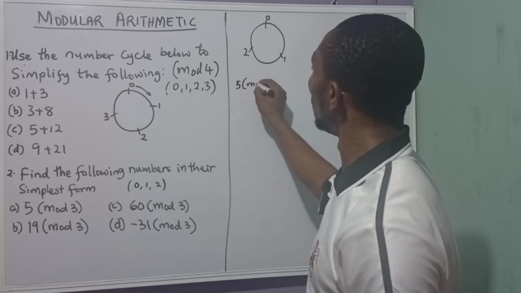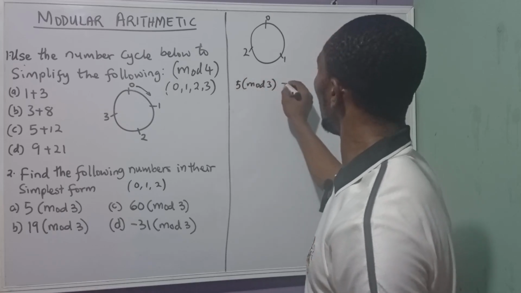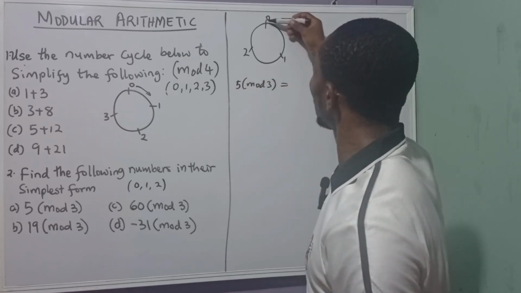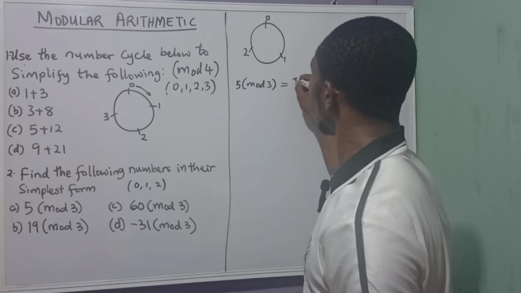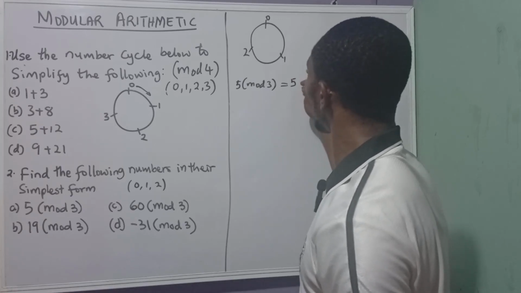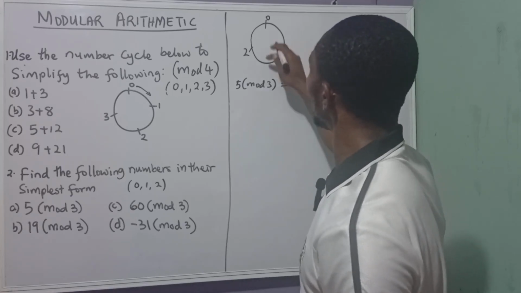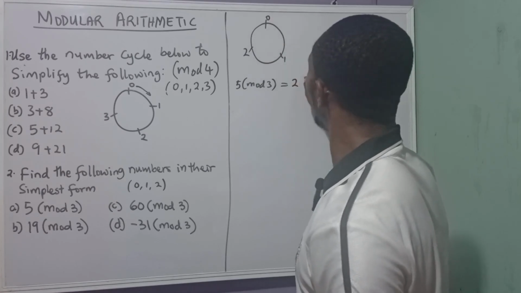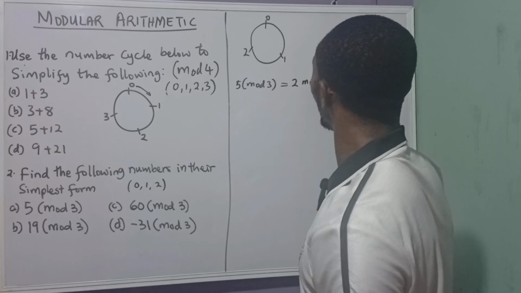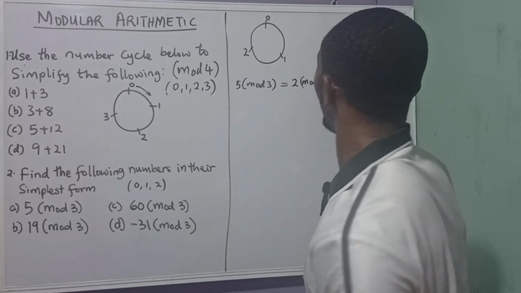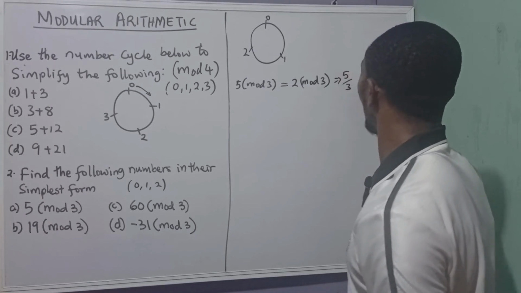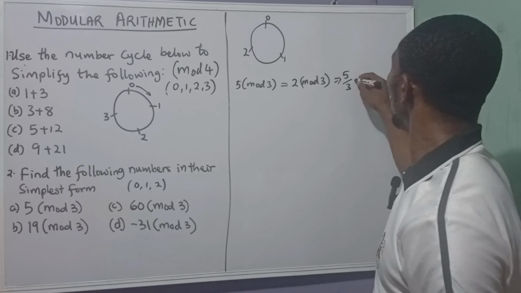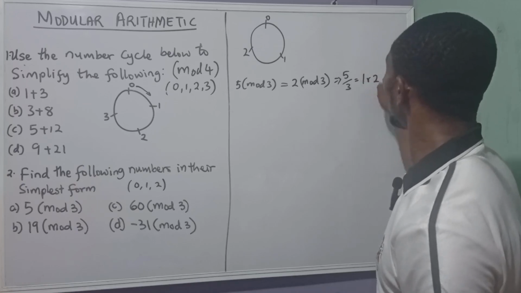Now the first one is 5 mod 3. In the simplest form, we count 1, 2, 3, 4, 5. That gives us 2 mod 3. Why? If we have 5 divided by 3, this will give us 1 remainder 2.